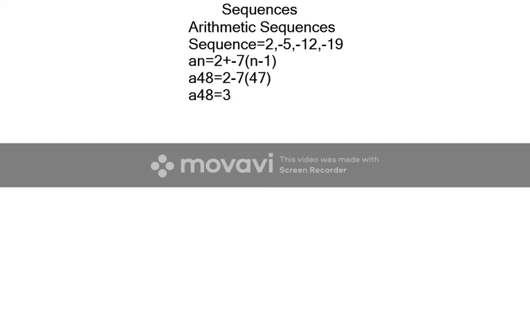So 2 minus 329, a sub 48 is equal to negative 327. And so that should be your final answer. Let me just check if I did this right real quick. Yes, okay. So this is your final answer. And now let's move on to the next type of sequence.